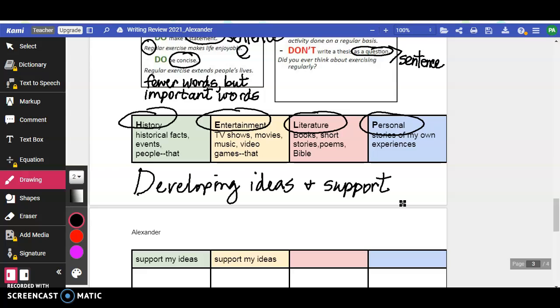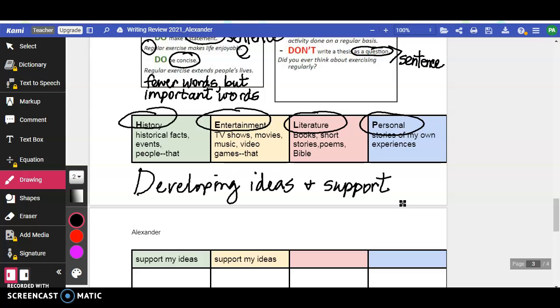So, for example, if you were writing about the importance of forgiveness, perhaps you could brainstorm a historical fact or event that you're already familiar with, no research allowed during STAR writing, in which someone either was forgiven or forgave someone else. And it's a good example of the importance of forgiveness.